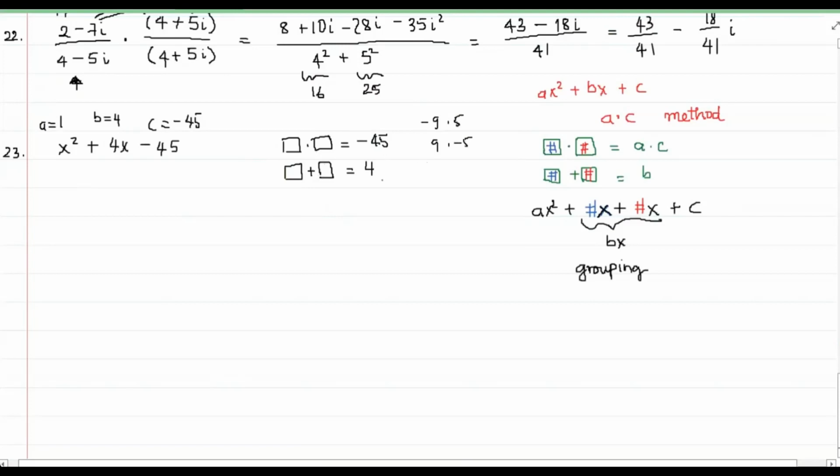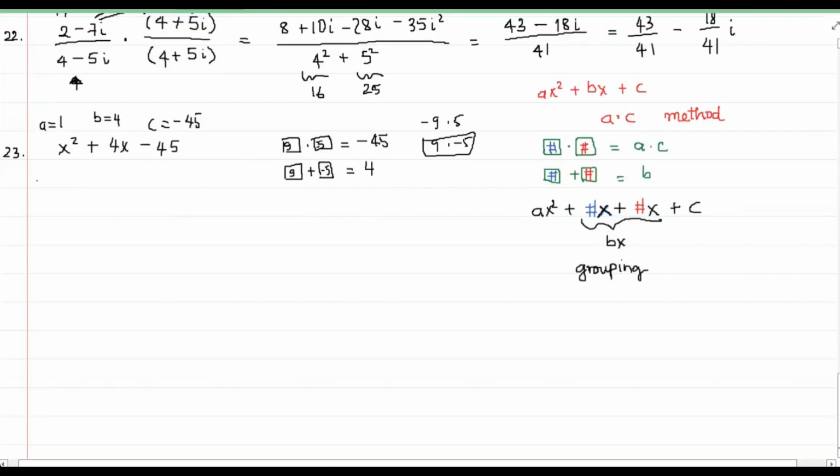But which one makes it positive 4 when it adds up? In this case, we can have 9 minus 5 is 4. Then 9 times 5 is 45, negative 45, that's negative 5 right here.